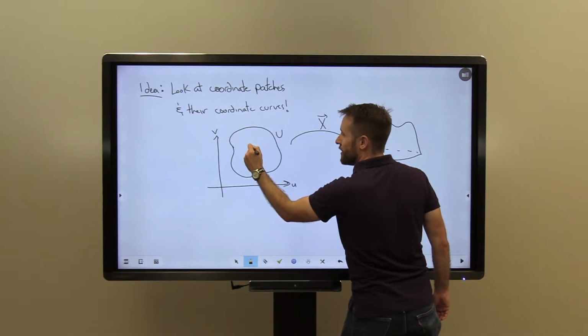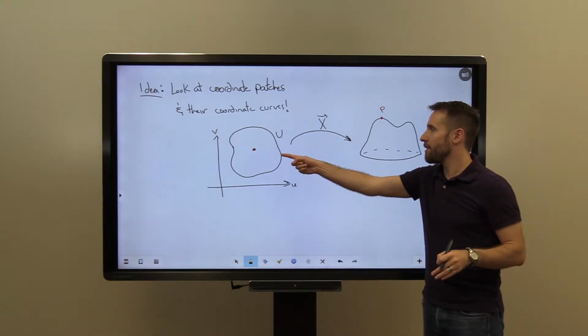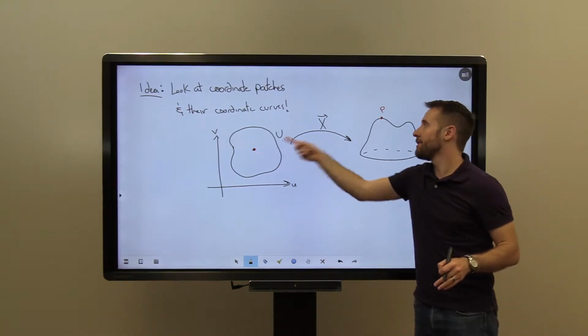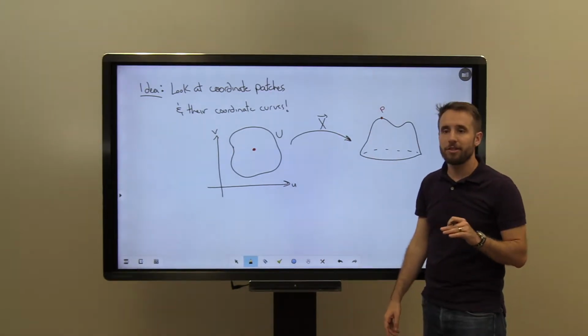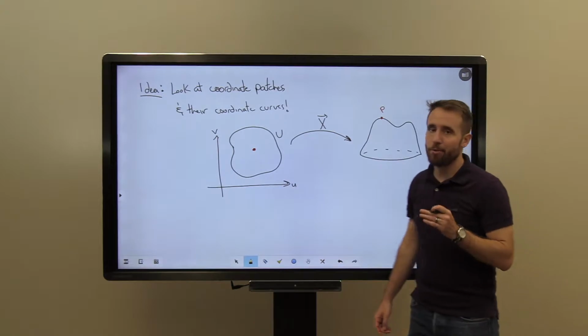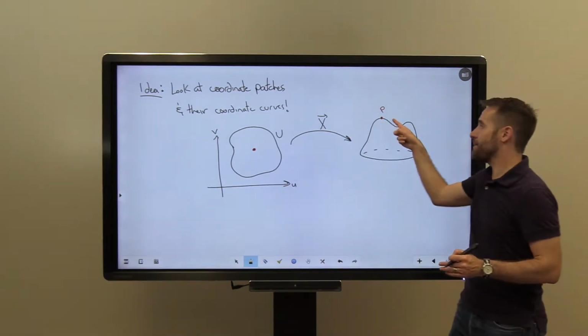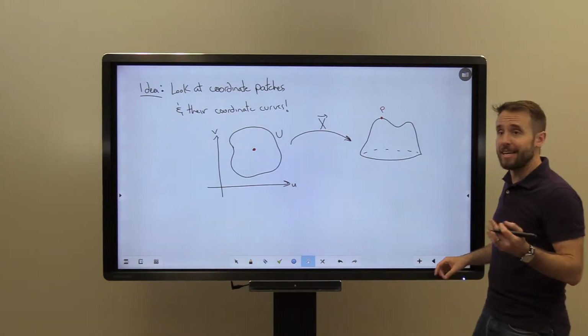Now there's actually a really important point that I want to make, and that's that I'm going to assume that only a single point over here maps to point P over here. In other words, I'm going to assume that this function is injective, or one-to-one. So at least at point P, there's only a single point mapping here. What could happen if that's not true?